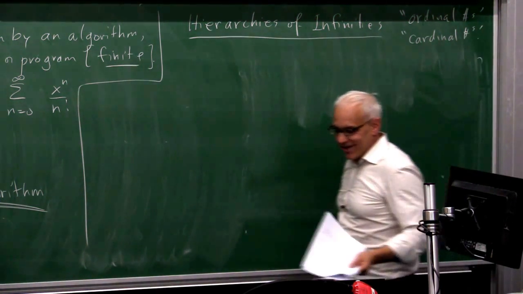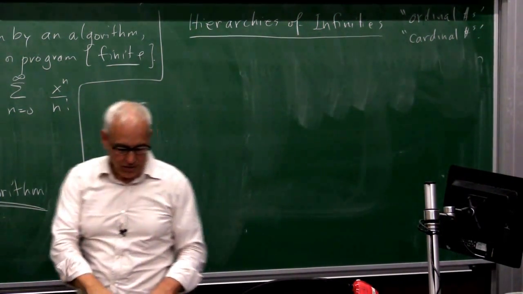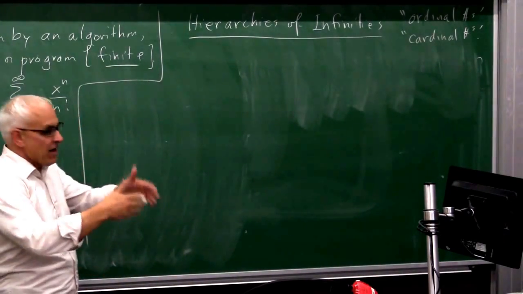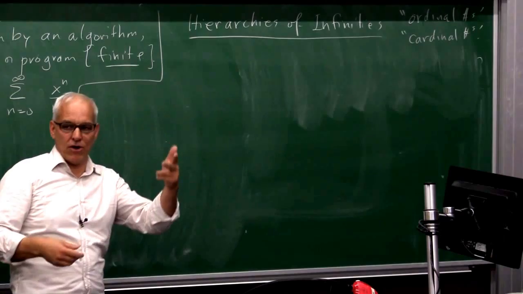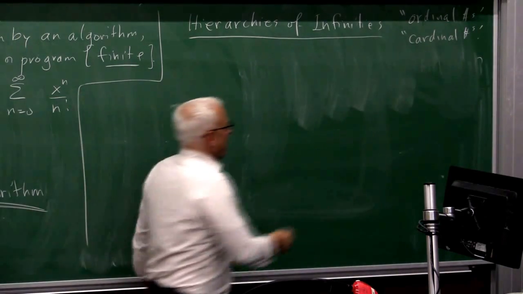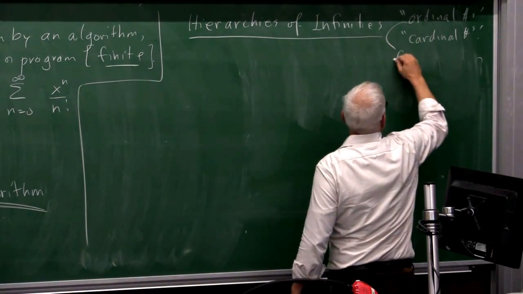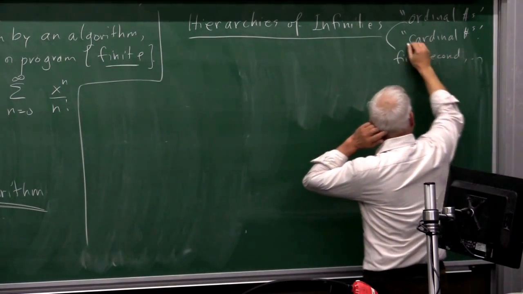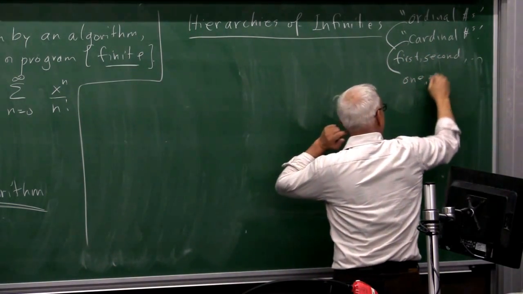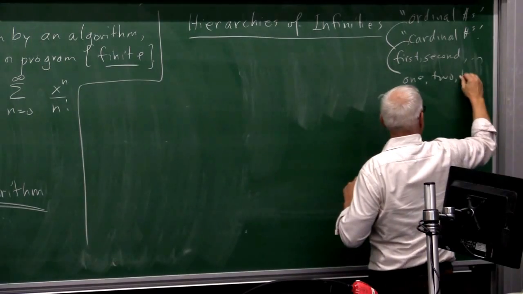This is a distinction that doesn't really play a crucial role for finite numbers, but ordinal numbers are sort of like counting, where you're saying first, second, third, fourth, roughly. So ordinal is like first, second, and so on, while cardinal numbers are like 1, 2, and 3, the actual sizes of things.